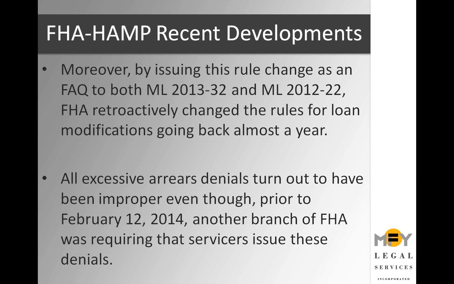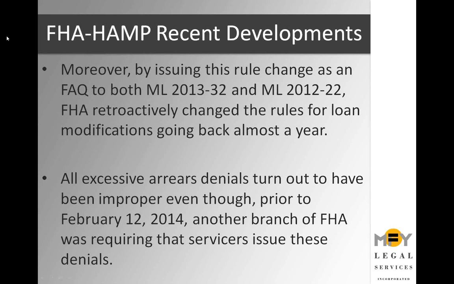Now, as to people who were denied for excessive arrears in this interim 11-month period, there's really no clear rule under FHA. I've seen in some of the materials going out to servicers that FHA is asking them to basically review some of these if it's requested by the borrower.